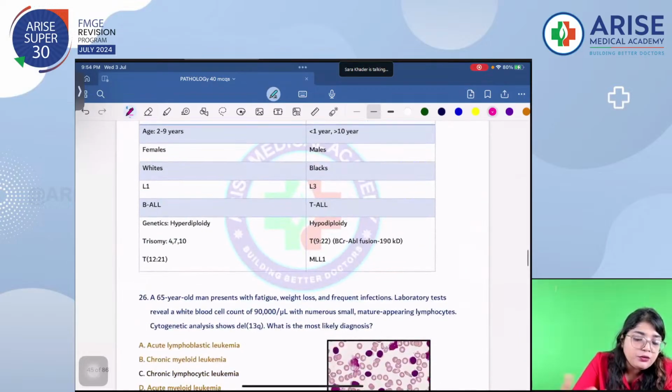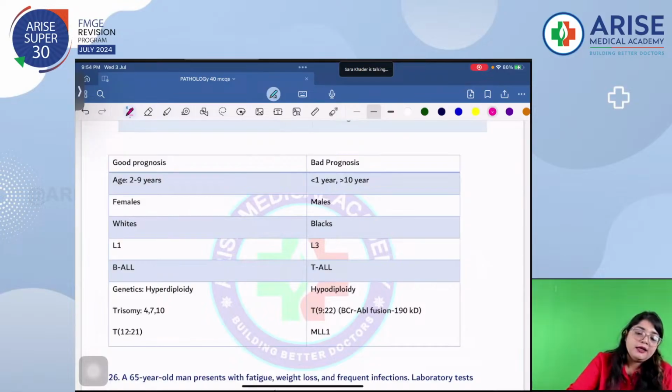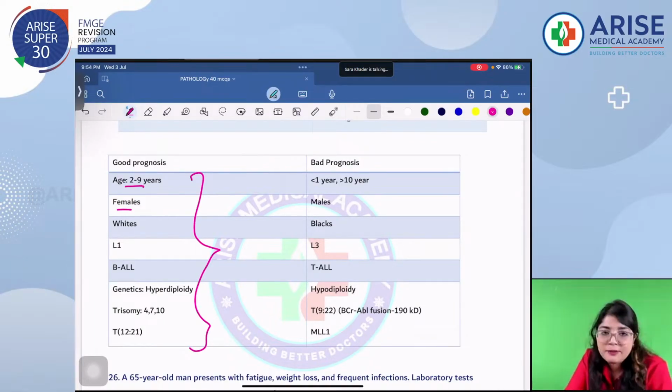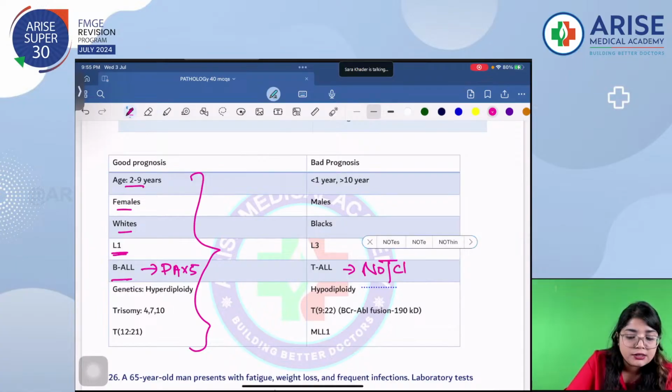Right? Now, when you talk about ALL, it is common in children, right? And they always ask you the prognostic factors, the good and the bad. So remember one, and the other one is bad. So 2 to 9 years, females, because females are better than males. Whites. L1. B-ALL is a gene mutation of PAX5, while T-ALL, T cell ALL, is a mutation of the Notch gene.